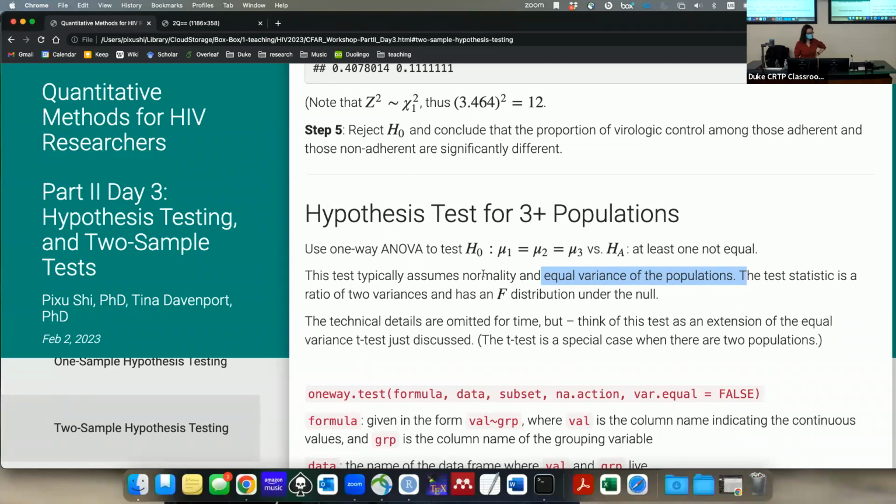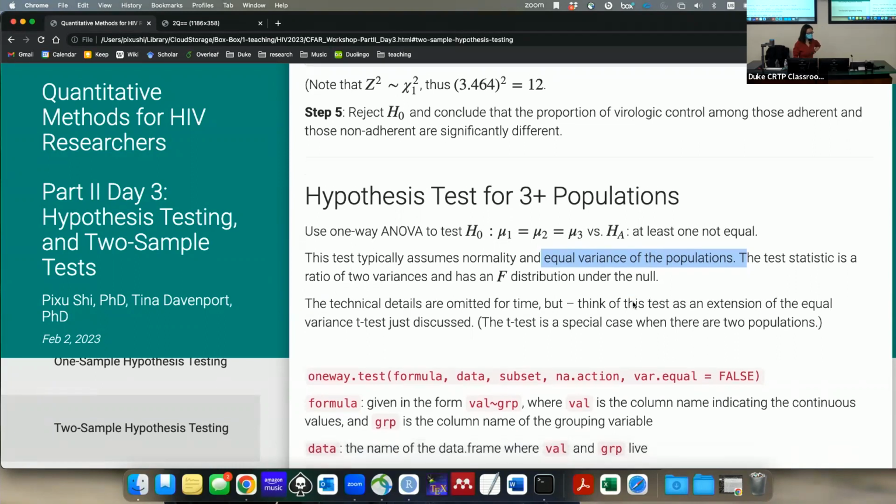If you do have a violation of this assumption, then some more complicated model needs to be used. You might need to use some other fancier methods to get the group effect out of the variance. But that's not covered here.